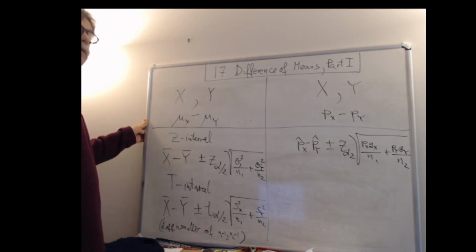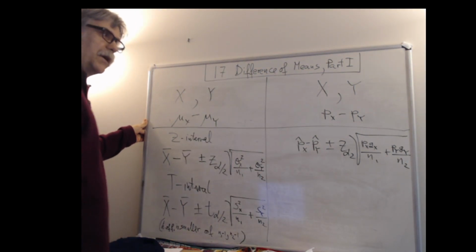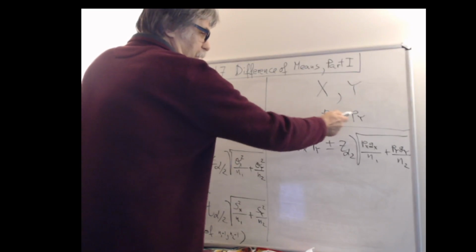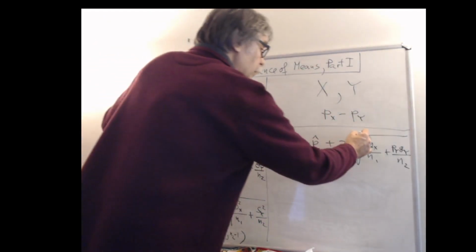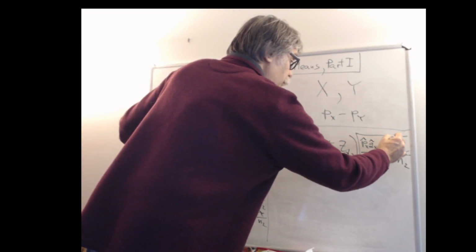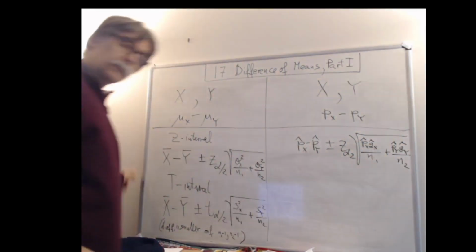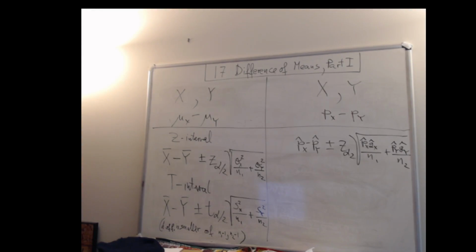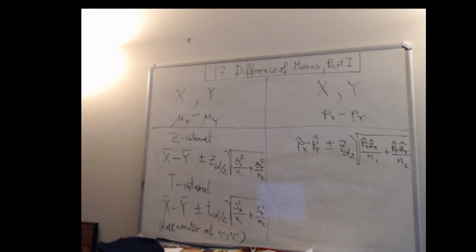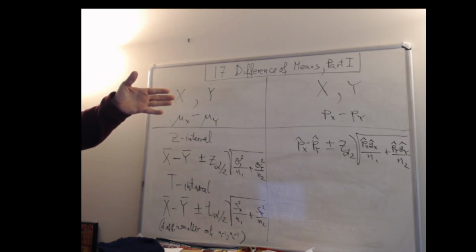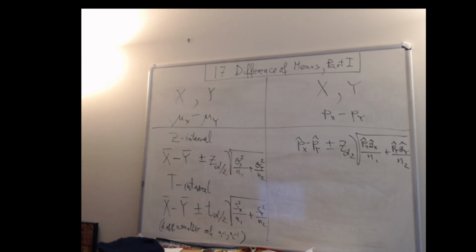But of course, since you don't know the population proportion of x and y, you're trying to estimate the difference, so you would not know what they are. You're going to be able to replace that with the sample values if you have a large sample, and you have to have a large sample whenever you're estimating proportion. So that's your formula for the z confidence interval for difference of proportions.